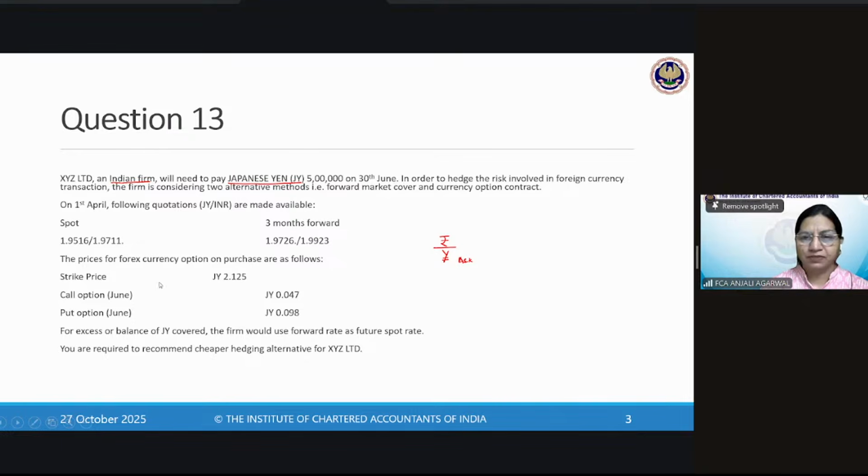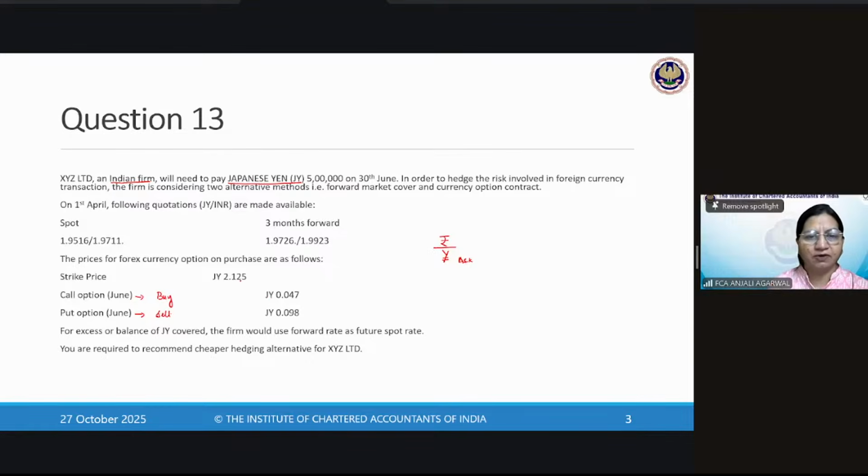Similarly, call option, put option, both are given. Now, what do you need? You need to buy the yen. What is given? The option is given for rupee. So instead of buying yen, you will also say that you are selling rupee. Call option is applicable when you want to buy the currency, and put option is good if you want to sell the currency.